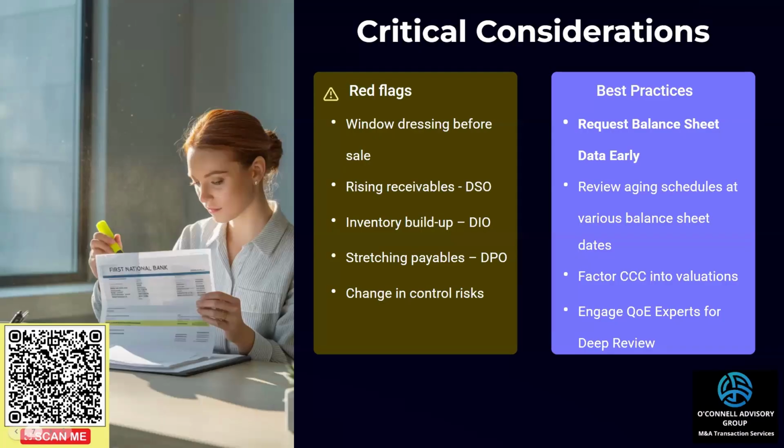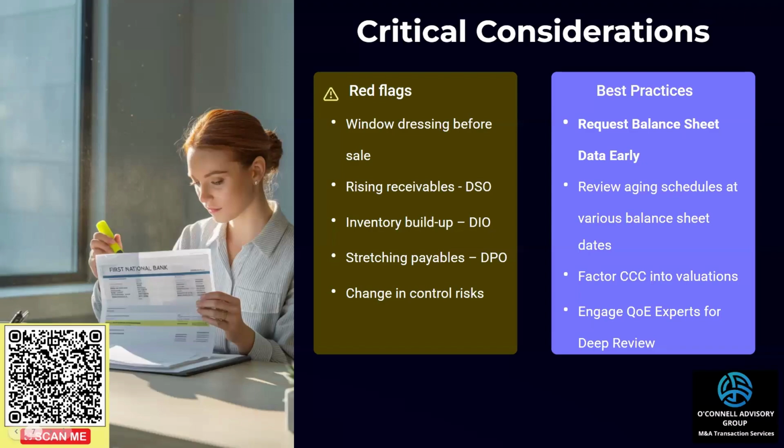And lastly, engage quality of experts for deep review. So in the initial phase, you'd be given limited data. Based on that, if you see some red flags in the cash conversion cycle, then you'd want your QFI provider to specifically focus on a particular point.